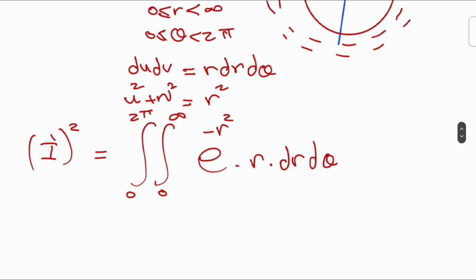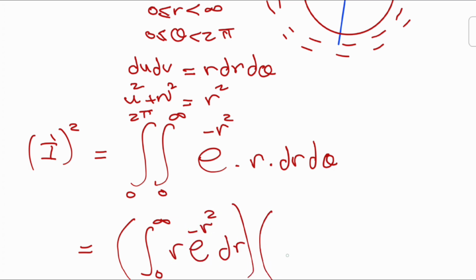We can separate those into two integrals: the integral from 0 to infinity of r e to the minus r square dr times the integral from 0 to 2 pi of d theta.